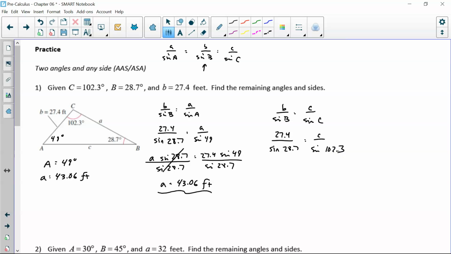So we could cross multiply or just undo your division. Multiply both sides by the sine of 102.3, excuse me.